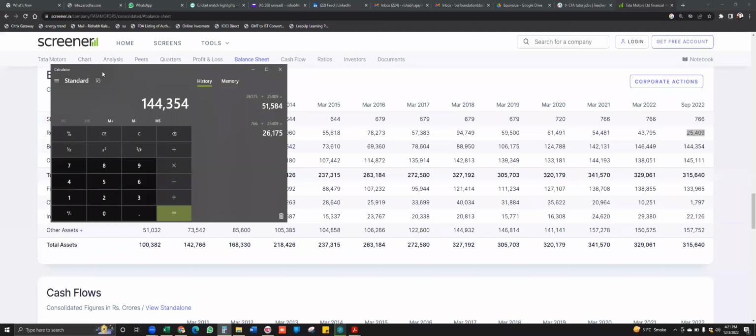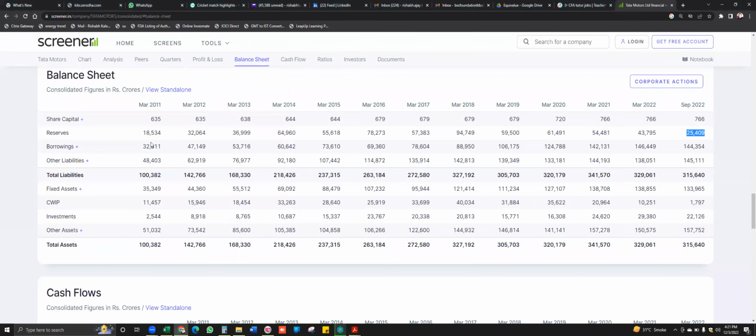What is the ratio for debt to equity? Debt is 144,354. What is your equity? 26,175. Just take long-term debt. Okay, one second.